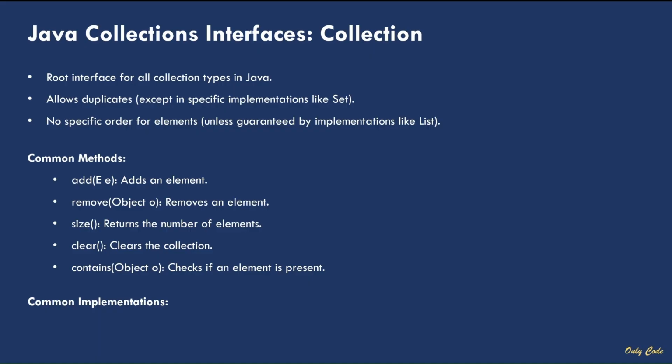Common implementations of collection interface include ArrayList, which allows duplicates and maintains the insertion order. HashSet, which does not allow duplicates and is unordered. Linked list, which allows efficient element insertion and removal from both ends.